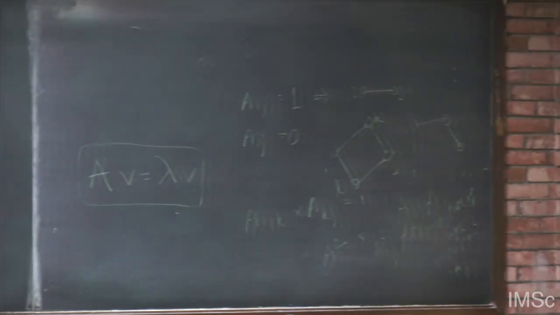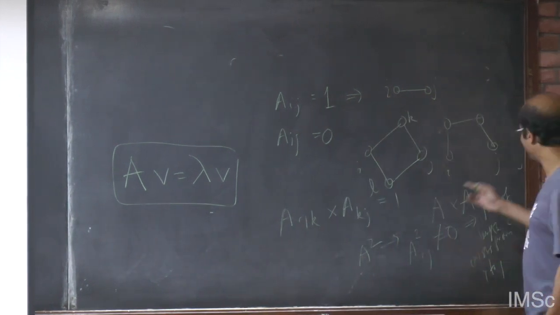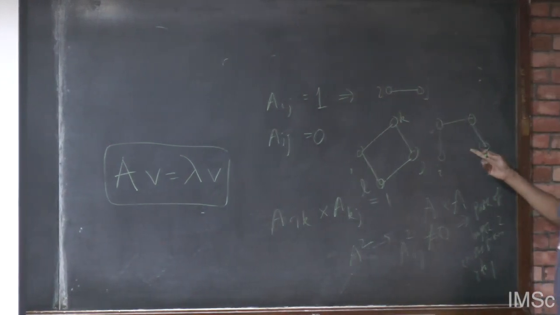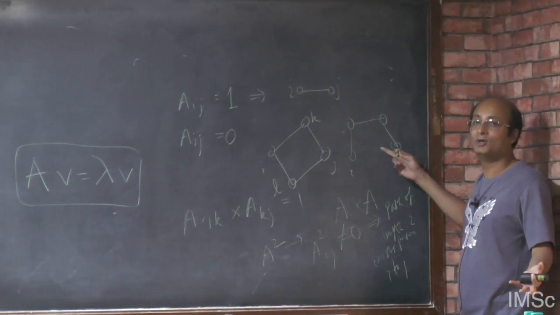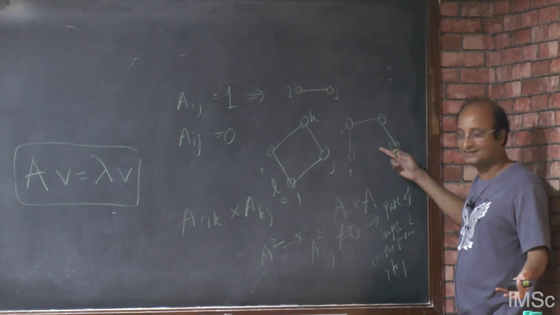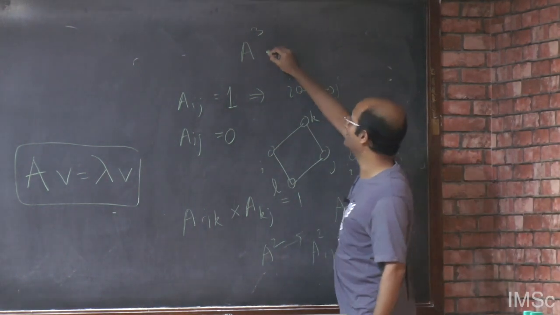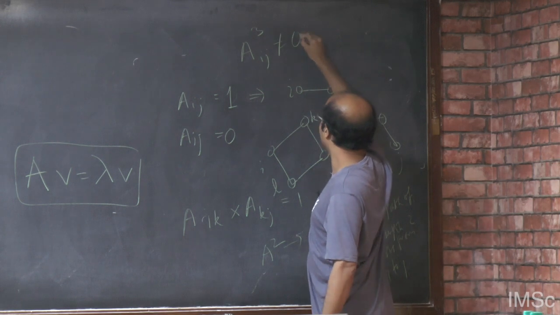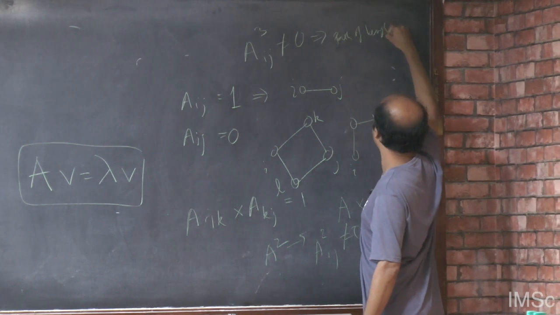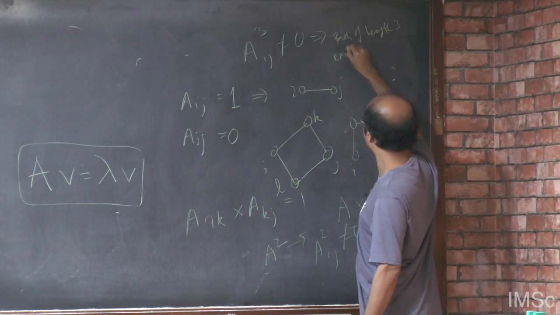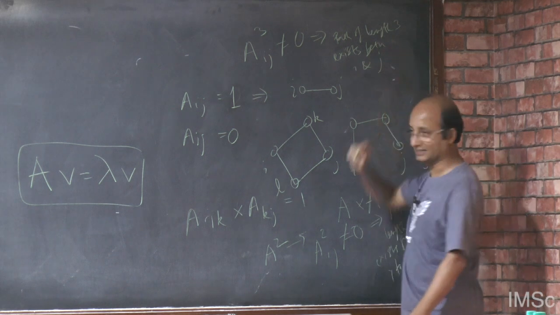So now that you have seen how this works, you would say that solving this problem is trivial. I just raise A to the power 3 to find paths of length 3. So whenever any element of A raised to 3 is non-zero, it implies that a path of length 3 exists between i and j.